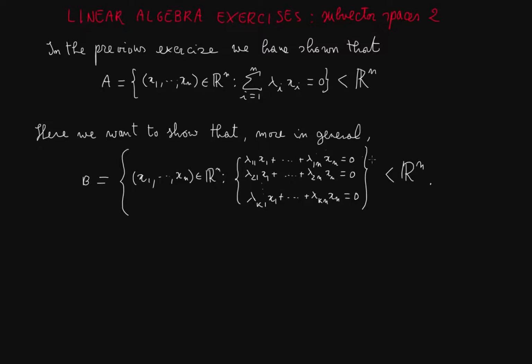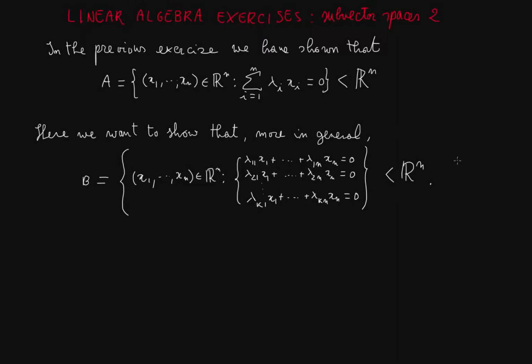The statement we will show is that this more general set B is going to be a subvector space of Rn, just like A was. So we recover the case A just considering one linear equation instead of k of them.